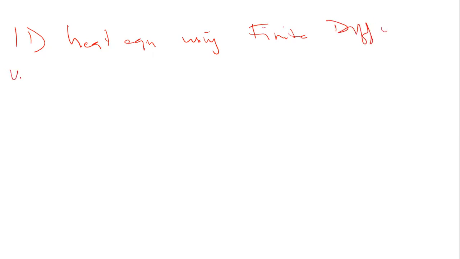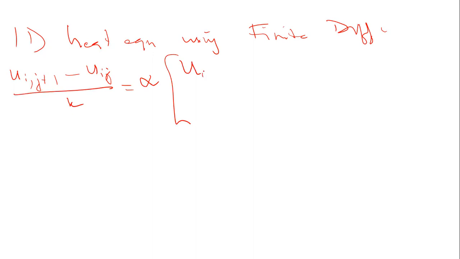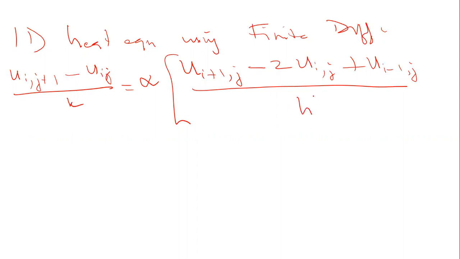This will be (u i, j plus 1 minus u i, j) divided by k equals alpha times (u i plus 1, j minus 2 u i, j plus u i minus 1, j) divided by h square. Okay.